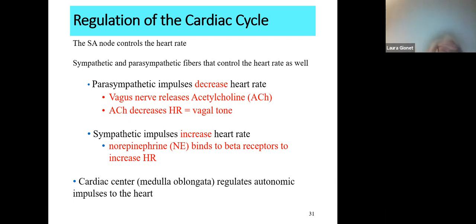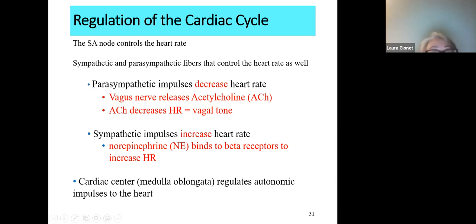We don't need to be letting the heart contract as much as it wants. We need to kind of ride the brake on it and preserve the energy in the tissue for hopefully many, many years to come. So the parasympathetic division is generally riding the brake on the heart to slow it down. So when we stimulate the parasympathetic pathway, we inhibit the heart and we decrease the heart rate.